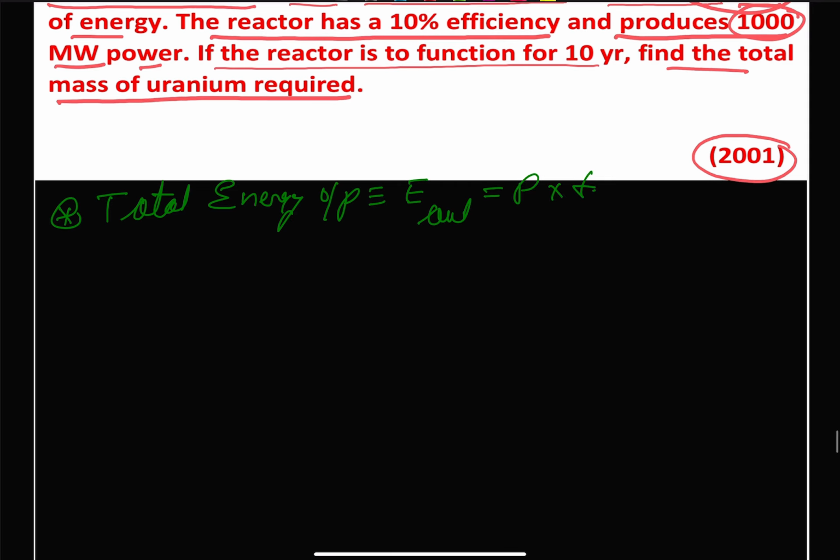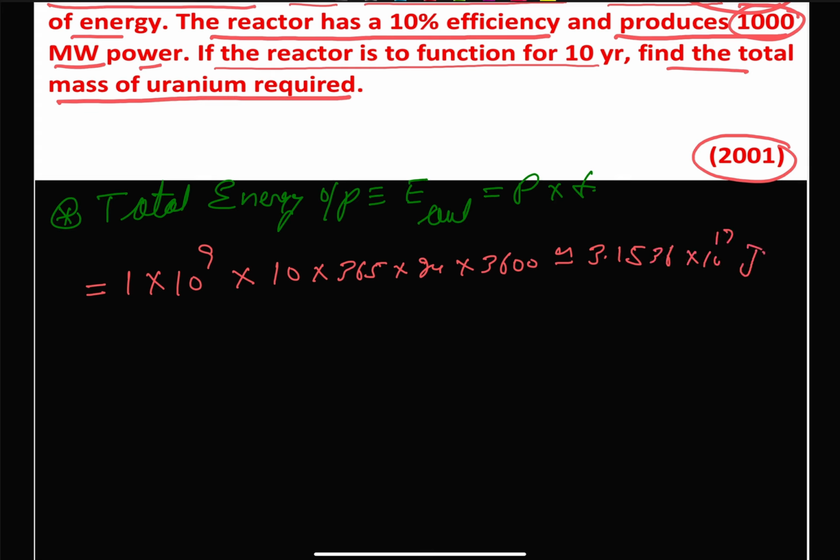Time t is 10 years, and we simply substitute it. We get this as 1 into 10 to the power 9 watt, multiplied by time, our 10 years, multiplied by 365 days, and 24 multiplied by 3600. So the total energy output will be approximately equal to 3.1536 into 10 to the power 17 joules.